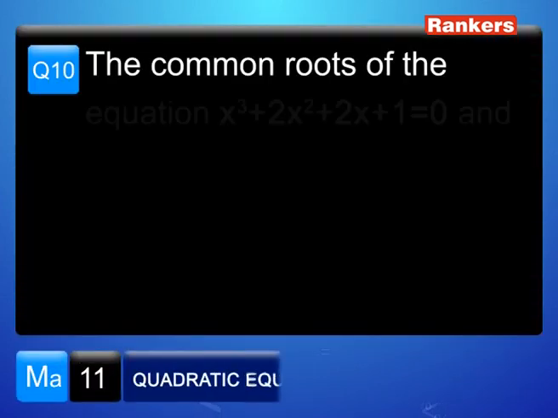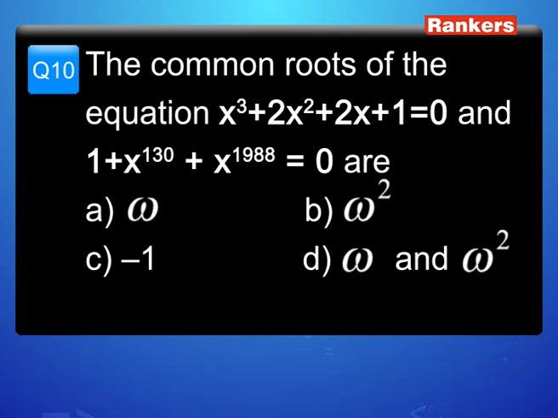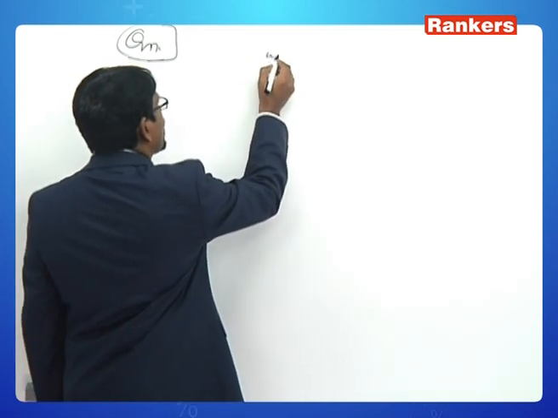Now the common roots of the equation x cube plus 2x square plus 2x plus 1 equal to 0 and 1 plus x power 130 plus x power 1988 equal to 0 are: a, omega; b, omega square; c, minus 1; d, omega and omega square. Now let us understand what this omega and omega square are.